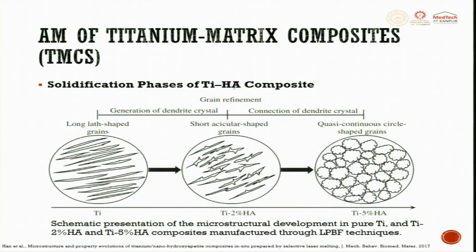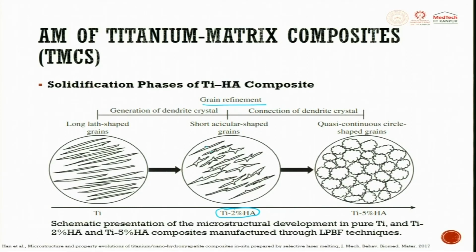Solidification phase of Ti hydroxyapatite composite, grain refinement. There are two stages. One is generation of dendritic crystal, the other one is connection of dendritic crystal. So, you have long lath shaped grains, and then with 2% of hydroxyapatite it will try to form short acicular shaped grains.